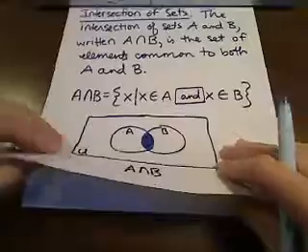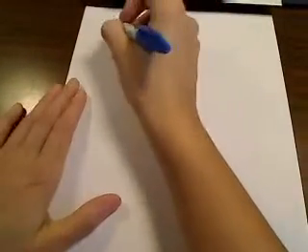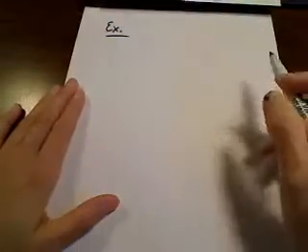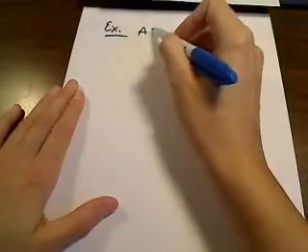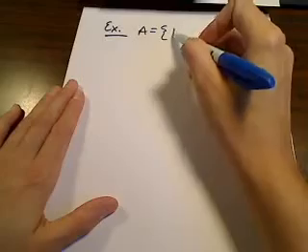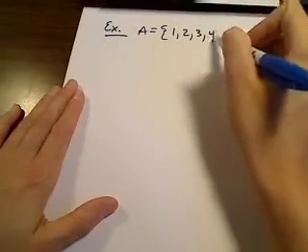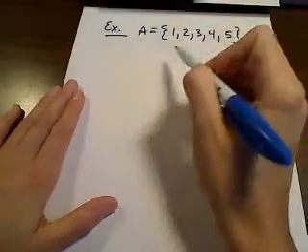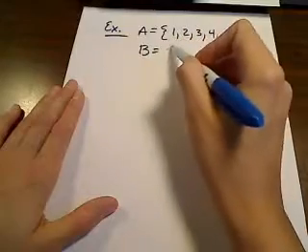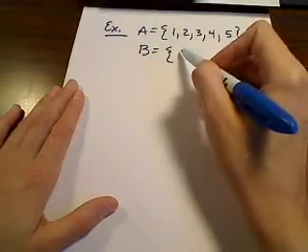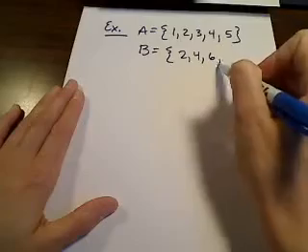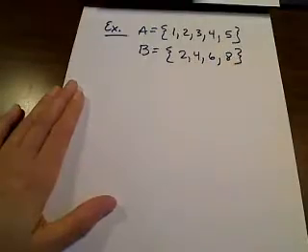Okay, let's just do a quick example of an intersection. So let's say that I have a set A that has the elements 1, 2, 3, 4, and 5. And I have the set B that has the elements 2, 4, 6, and 8. Okay.